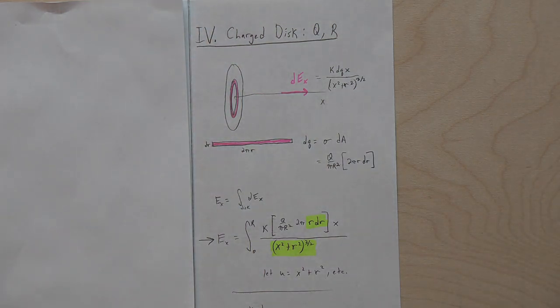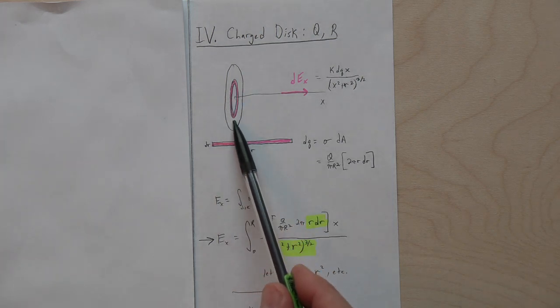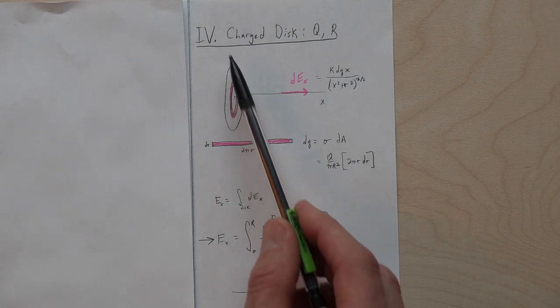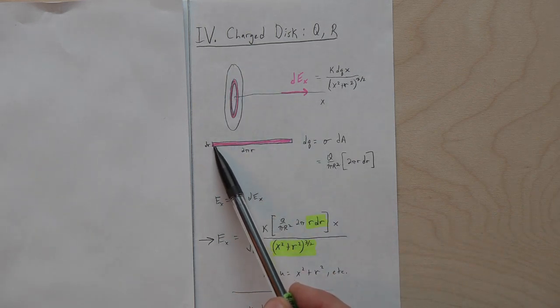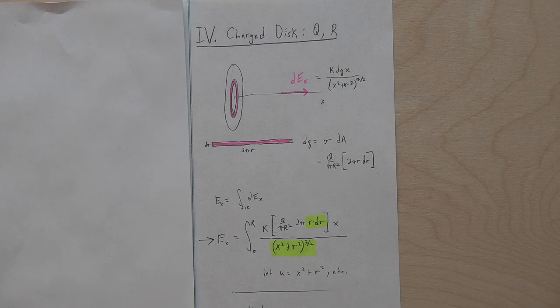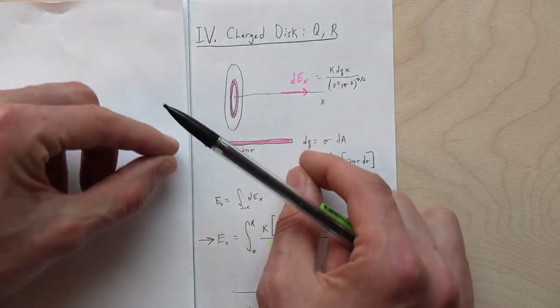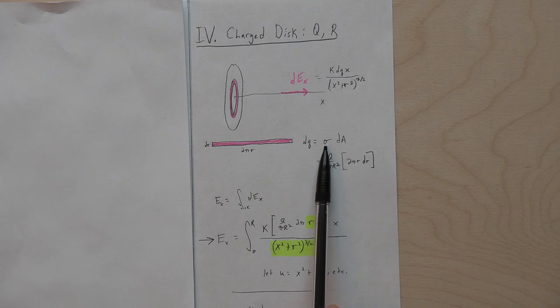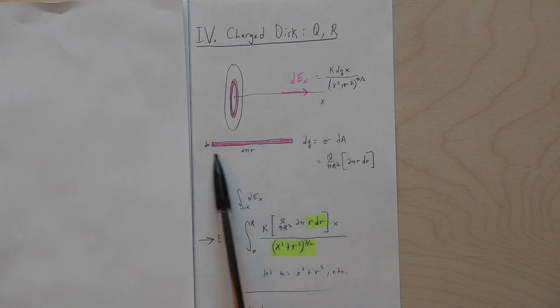Now, in order to do that, I've got to expand out what the charge of that ring is. If I cut this ring out and this disc were made of putty, I could open it up and create a rectangle out of it. So I cut it like this, bend it open and straighten it out. I could say that the charge in that little ring is sigma, the coulombs per meter squared, times the meters squared, the area of this ring.